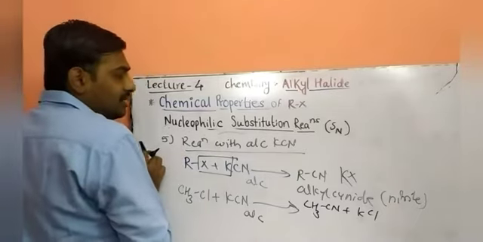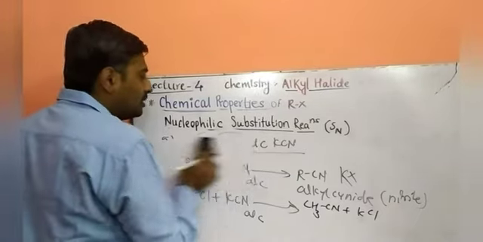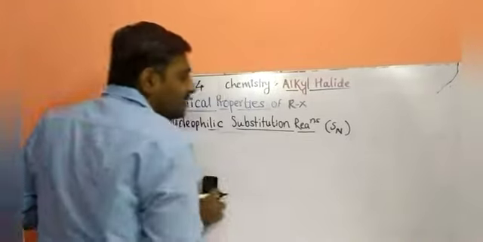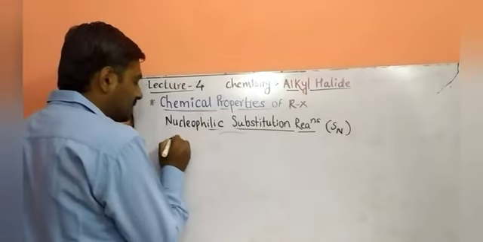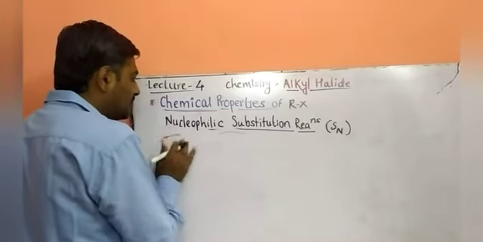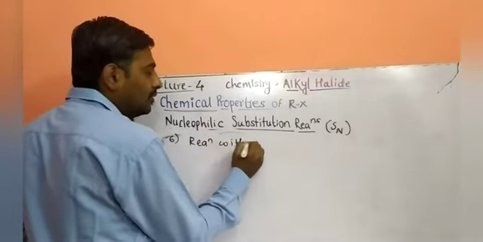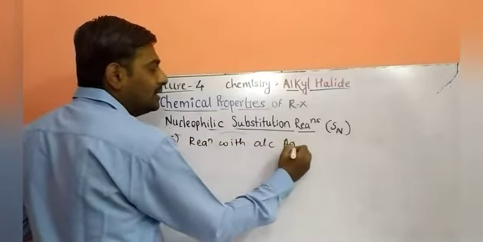Same. Next, this is reaction with KCN. Next to this, reaction with AgCN. KCN and AgCN are the same type of derivative but give different reactions. See, next reaction, reaction number 6. Reaction with alcoholic AgCN.